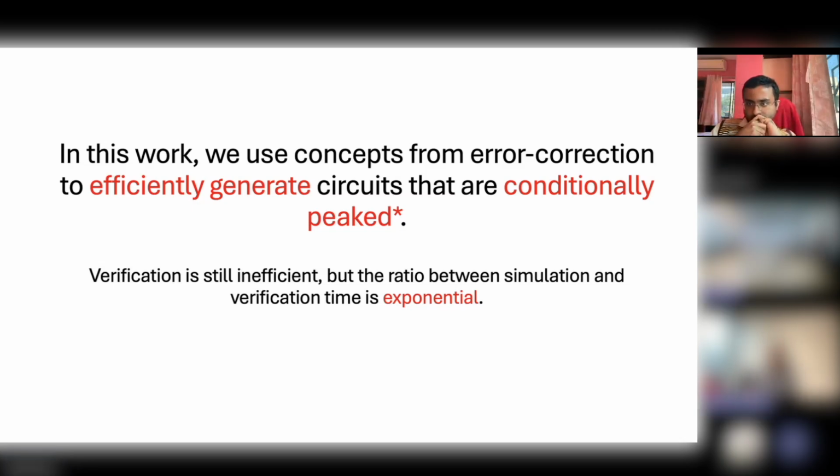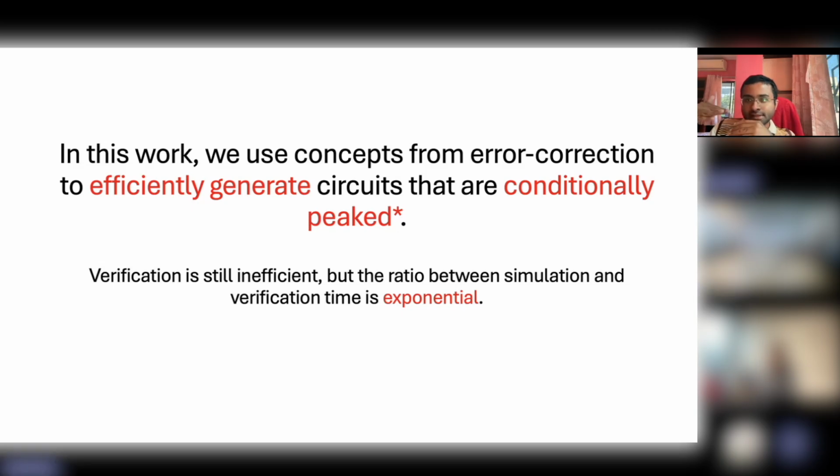Thank you. And so can you still run the circuit for a very short time, or because of the separation between verification and simulation, do you have to run this circuit for quite a long time?